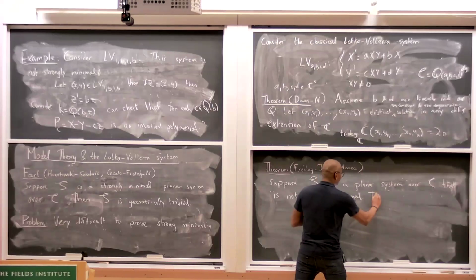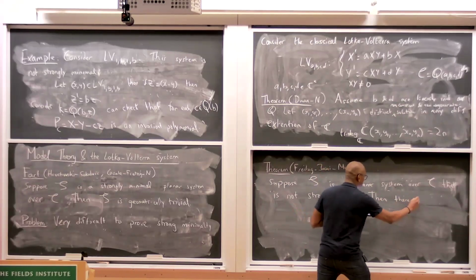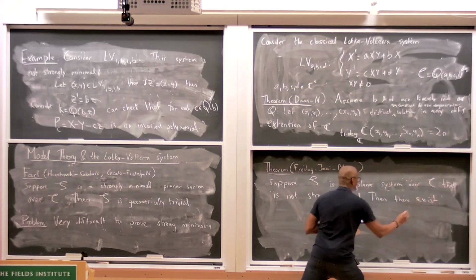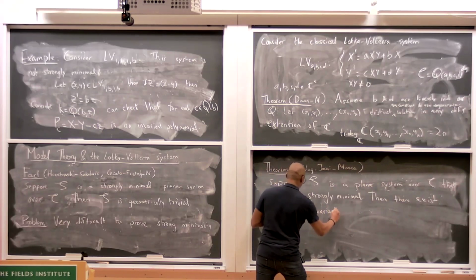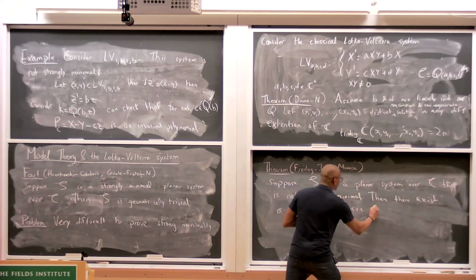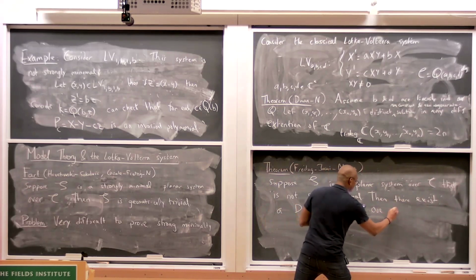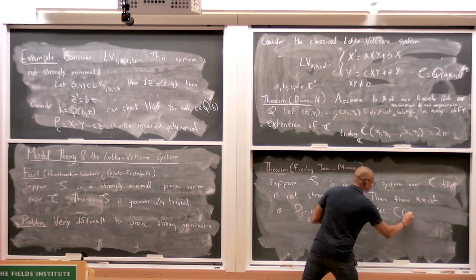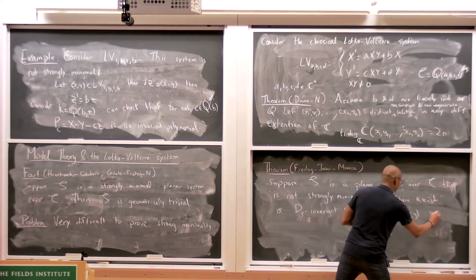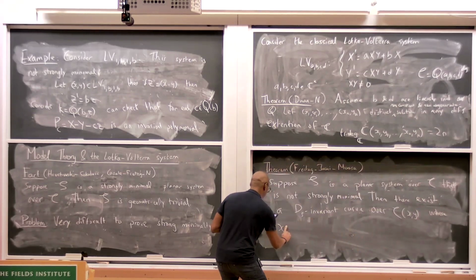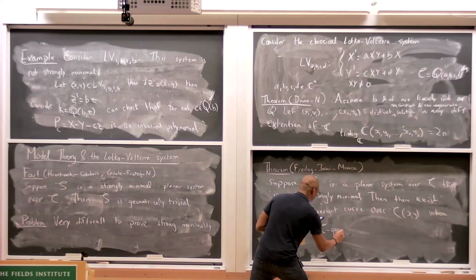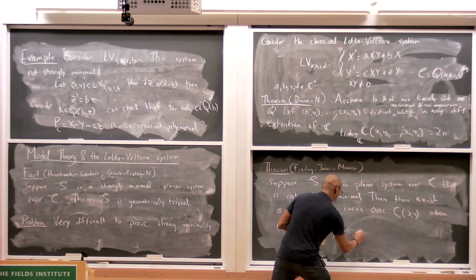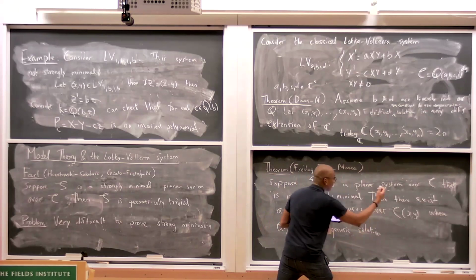Then there exists a DS invariant curve over C(x, y), where (x, y) is a C-generic solution of the system you start with.